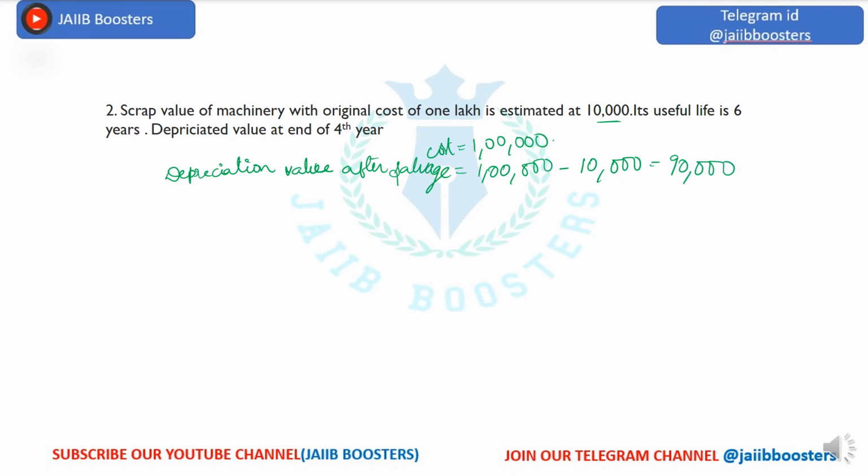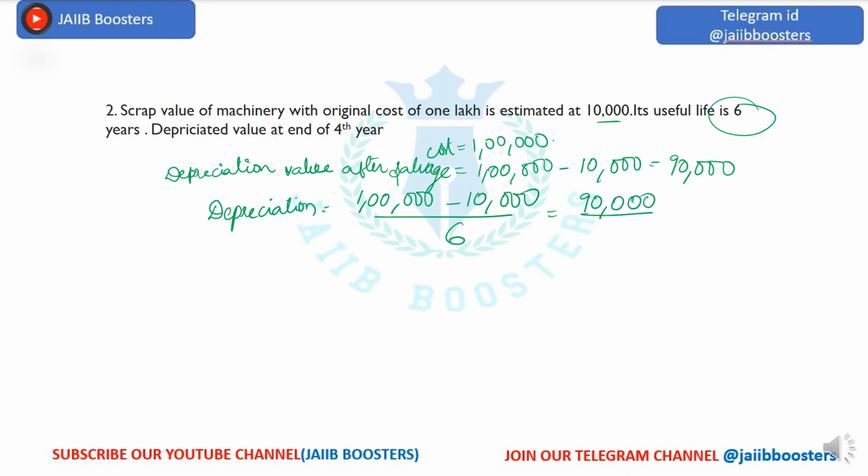And what is the formula for depreciation in SLM? What is the total cost here? Asset 1 lakh minus scrap value 10,000, by what is the estimated useful life here? That is 6 years. That is 90,000 by 6. So that is 15,000. Okay.